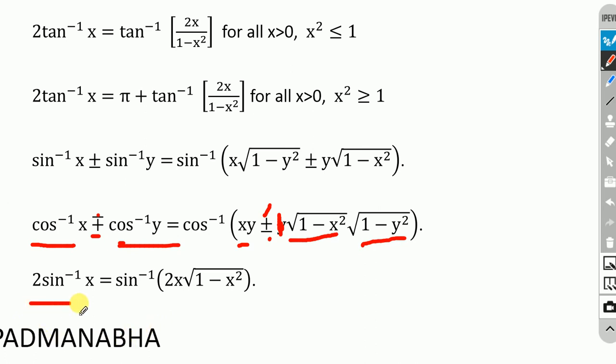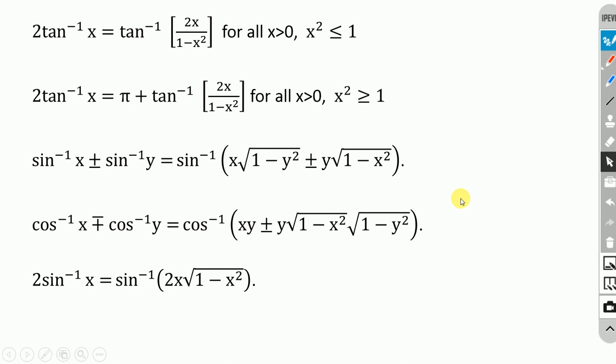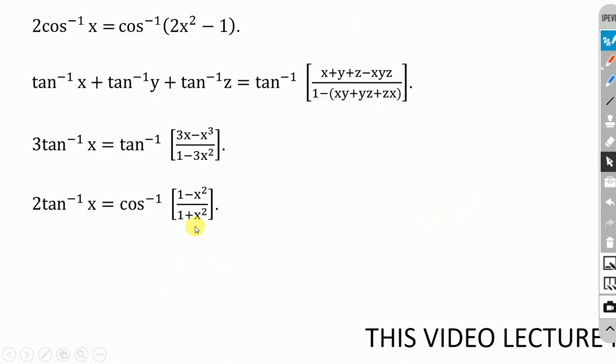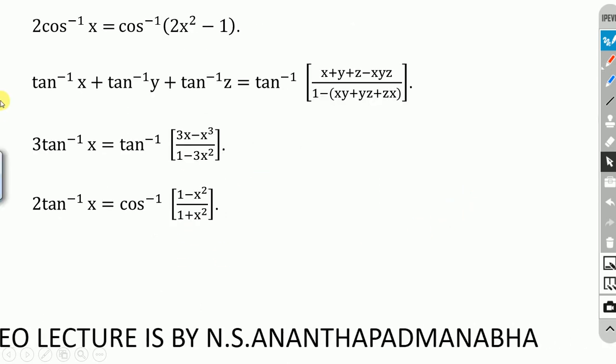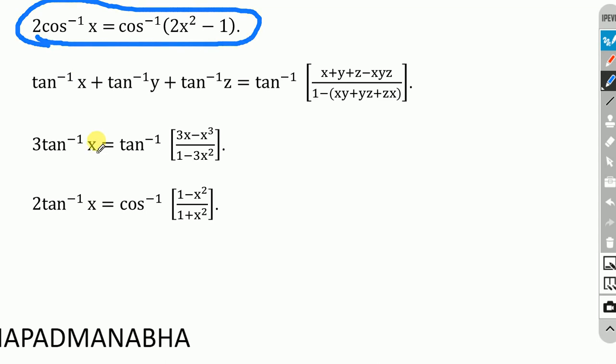And 2 sin inverse x is equal to sin inverse of 2x into root of 1 minus x square. 2 cos inverse x is equal to cos inverse of 2x square minus 1.